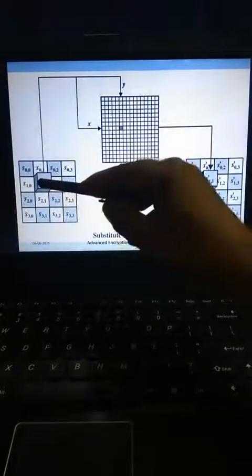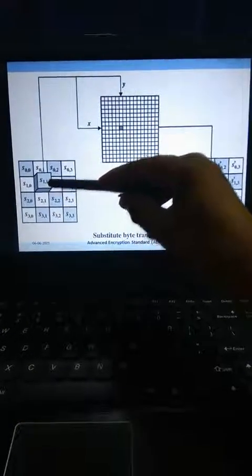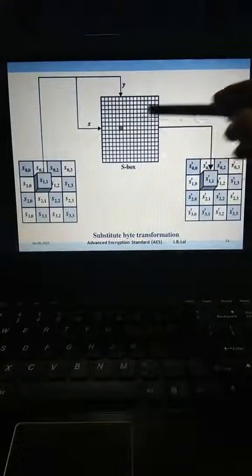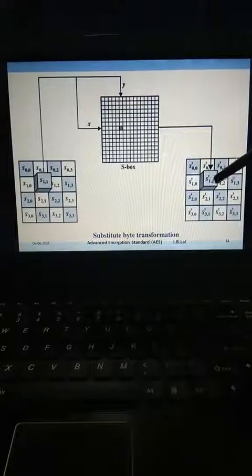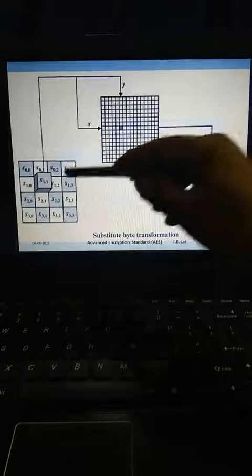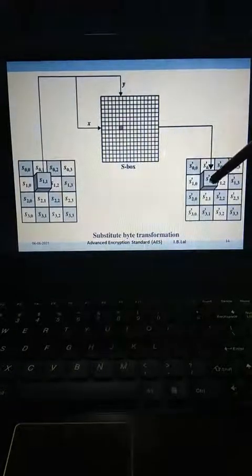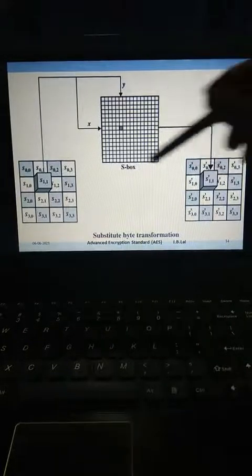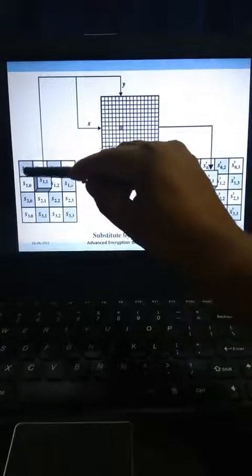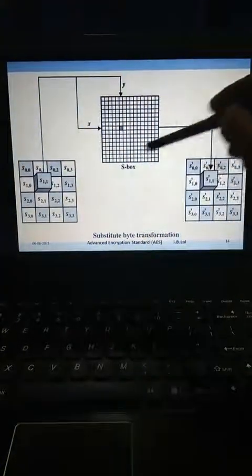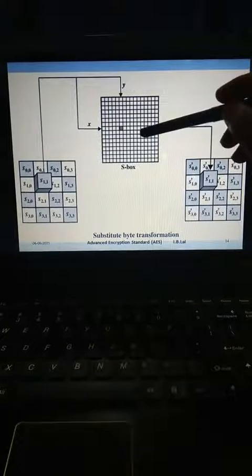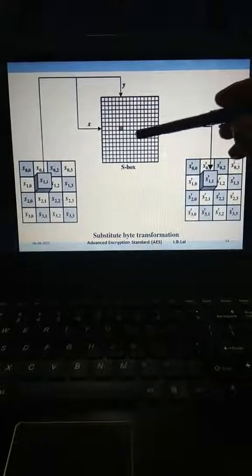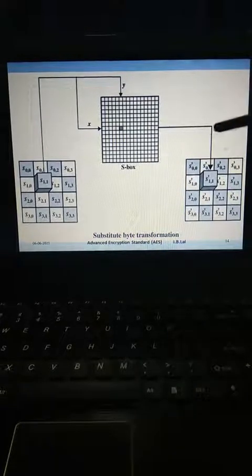The value was taken from S11, and after converting it into binary, it is stored in S11, but in another state matrix. If it is the S matrix, the other is the S dash matrix. So we take the value, go to the S box, get the value after converting it into binary, and that result is stored in S dash 11.